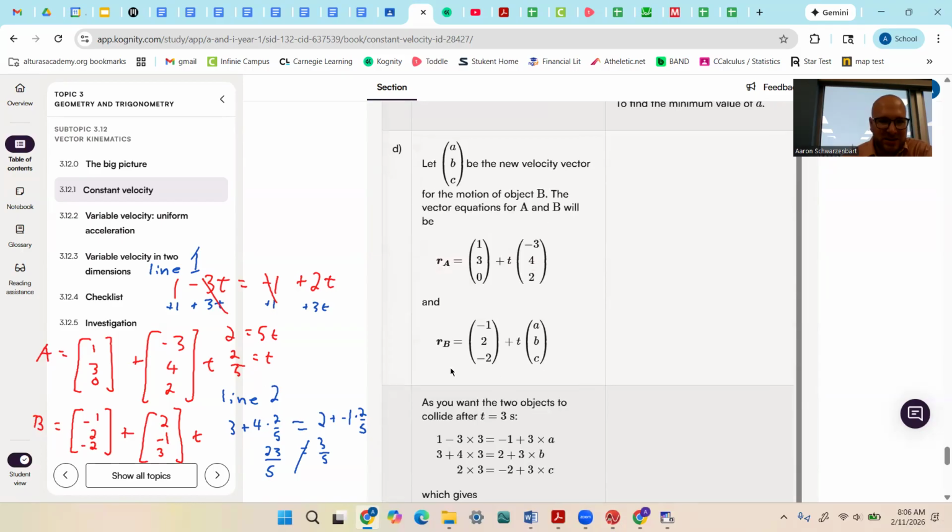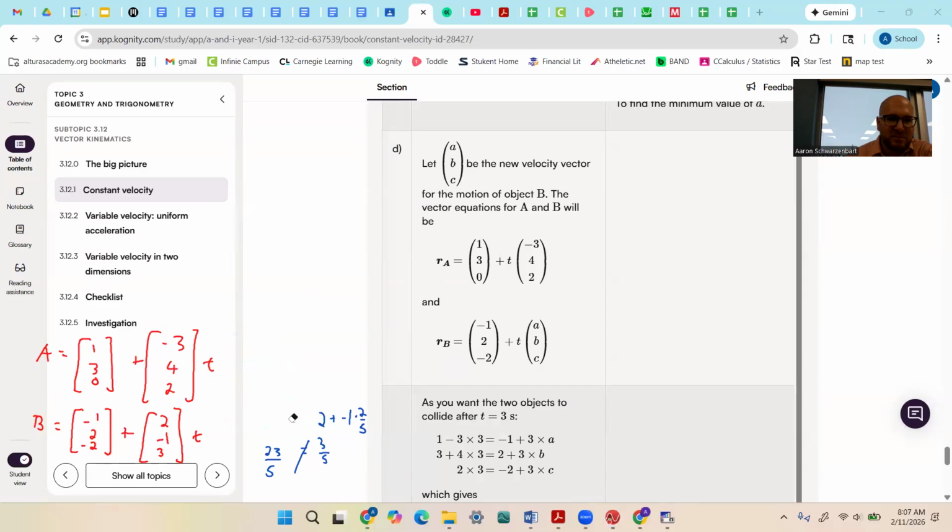So finding a new velocity. We get a slightly different vector.